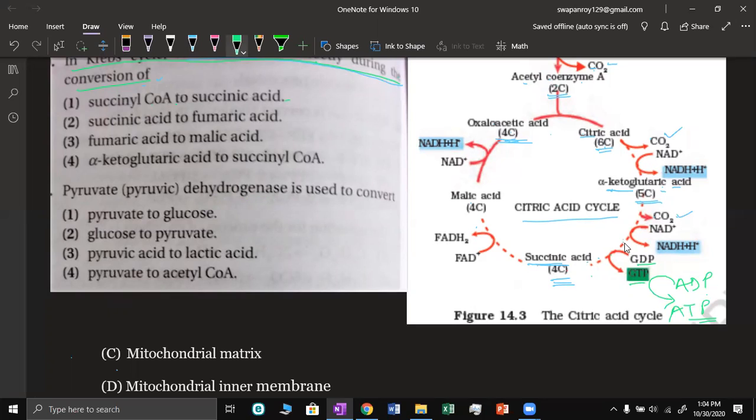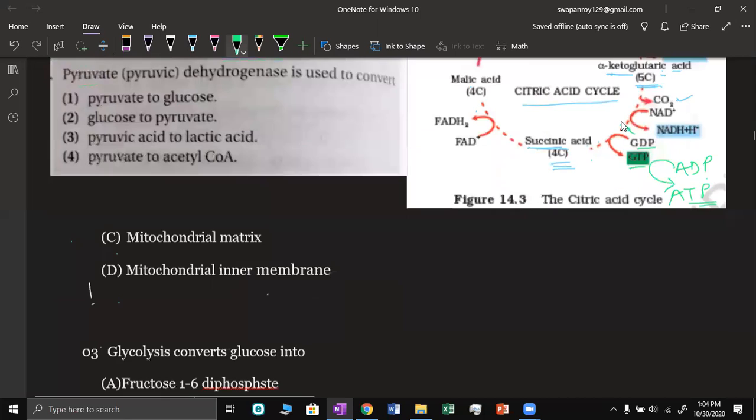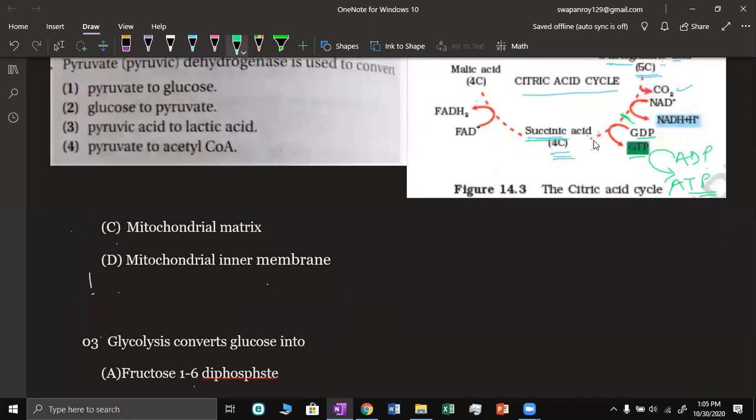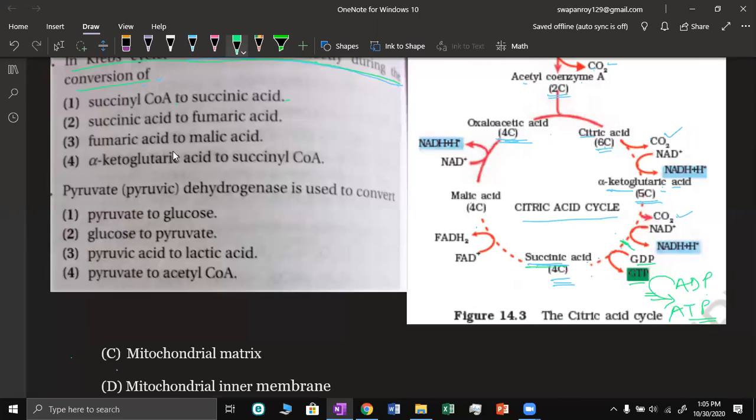Actually, in this portion, there is a compound called succinyl coenzyme A, and this succinyl coenzyme A changes into succinic acid, and when this happens, ATP is produced directly. Succinyl coenzyme A to succinic acid.